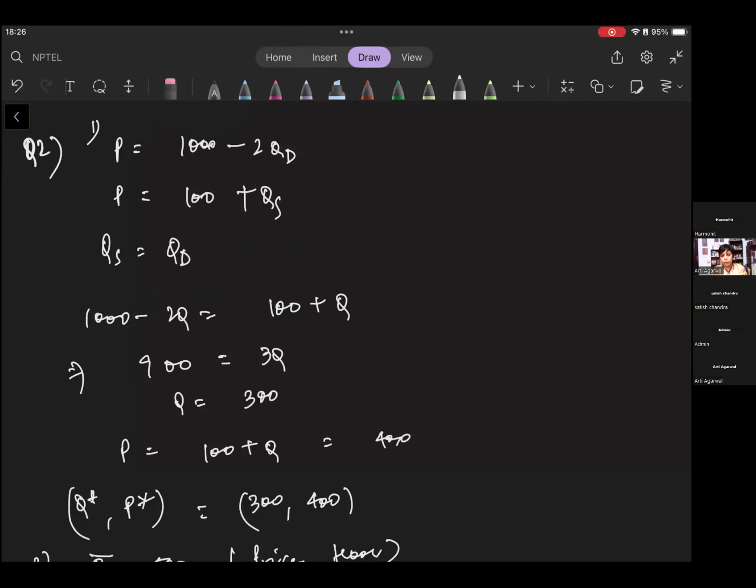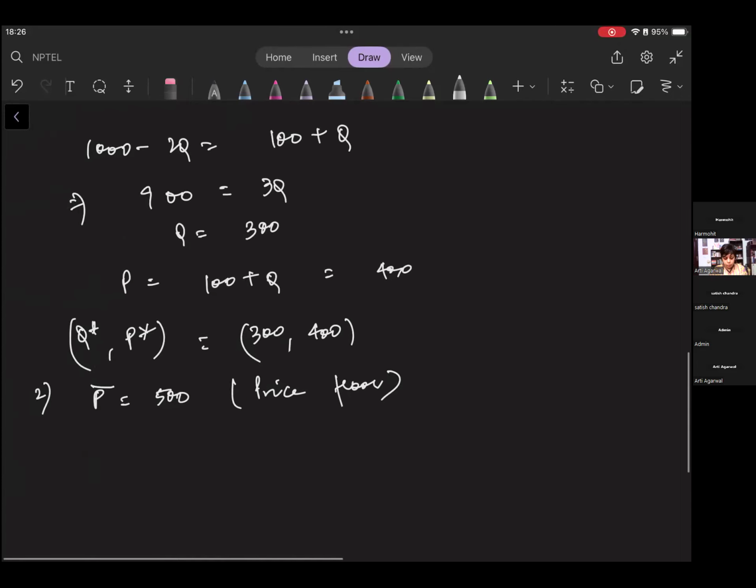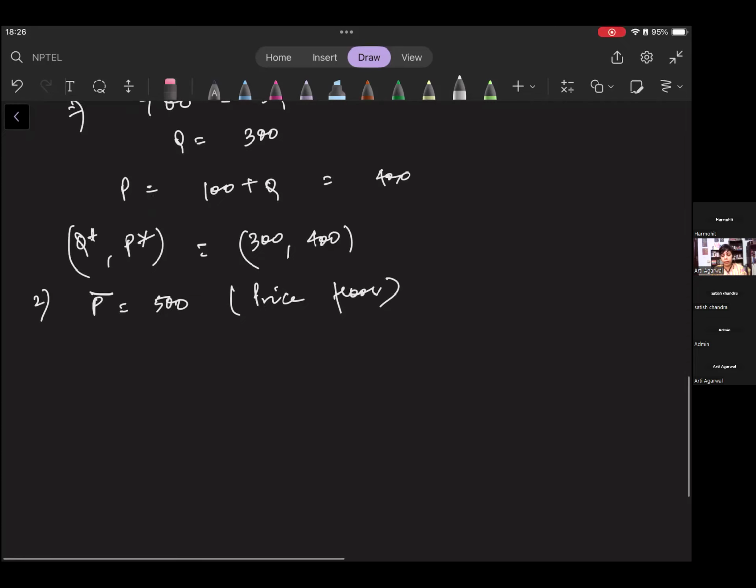That is your general equilibrium. But when you have some intervention, some regulation like this, then the market is no longer in that kind of equilibrium. There is a new equilibrium, but in that case QS and QD are not going to be the same.